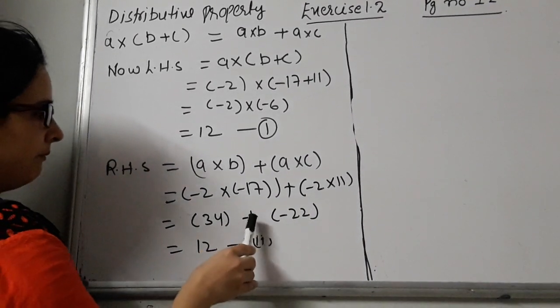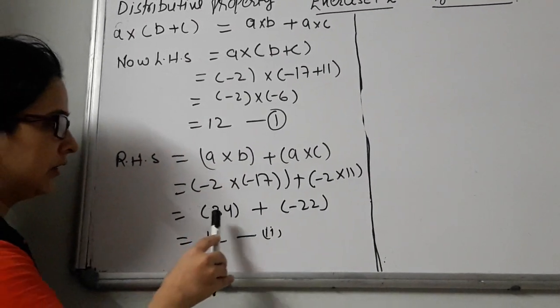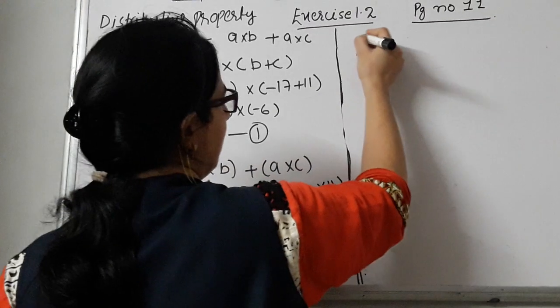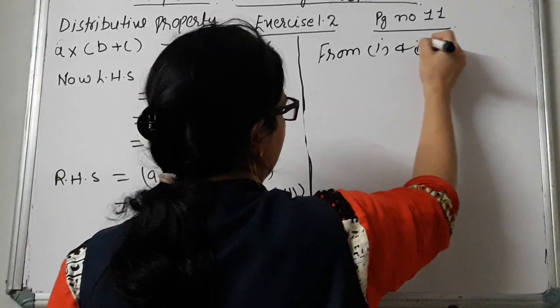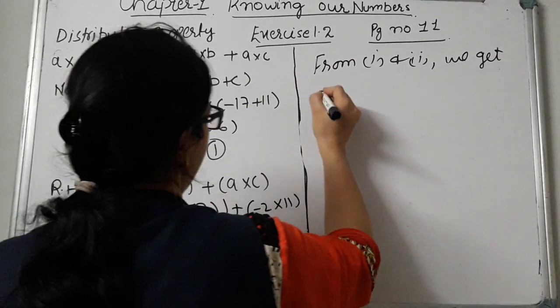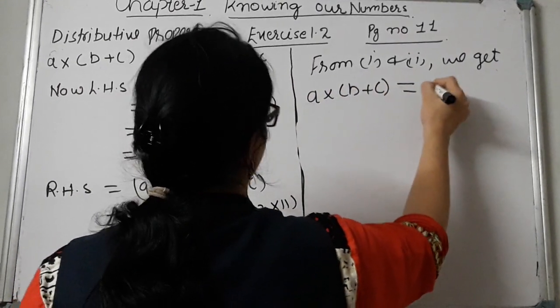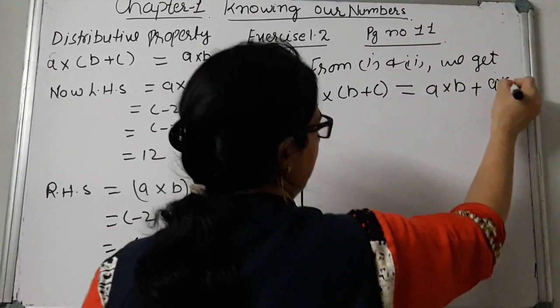Now 34 plus bracket minus means we have to do subtraction. 34 minus 22, again it is 12. So from first and second we get A into (B + C) is equal to A into B plus A into C.